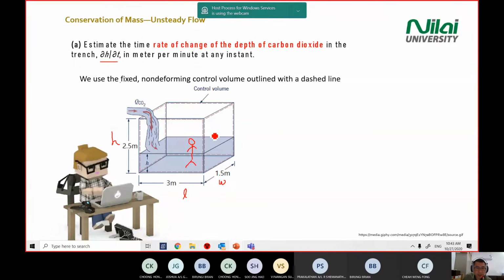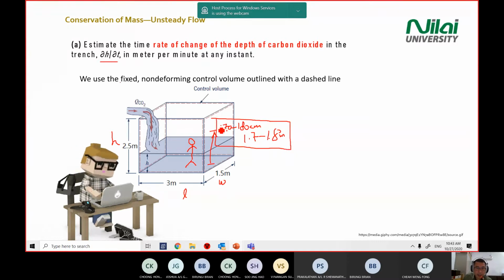A normal Asian person is about 170 to 180 cm in height, or 1.7 to 1.8 meter. So when you go to work, have some common sense and awareness on the application.